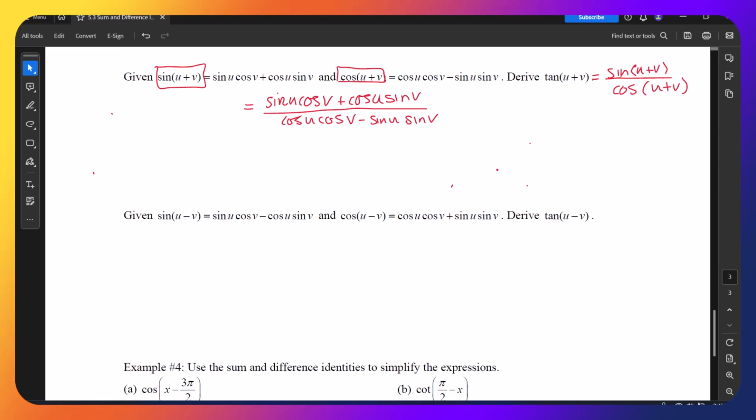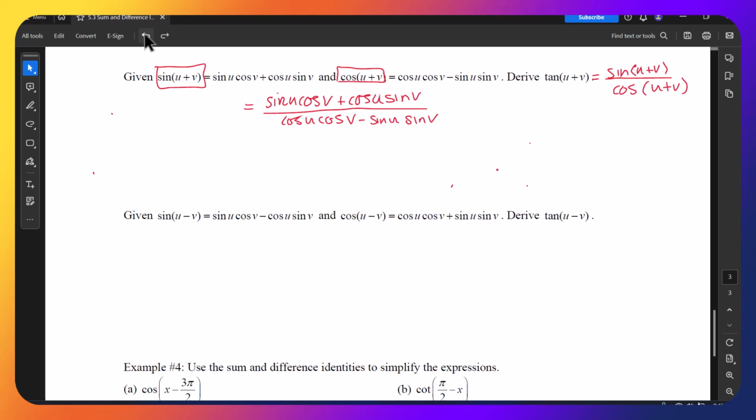What I want to get to is having tan u and tan v in the numerator. So I don't want cosine of v in here, and I don't want sine of v in here either. So I'm going to manipulate my expression so I can end up with tangents.